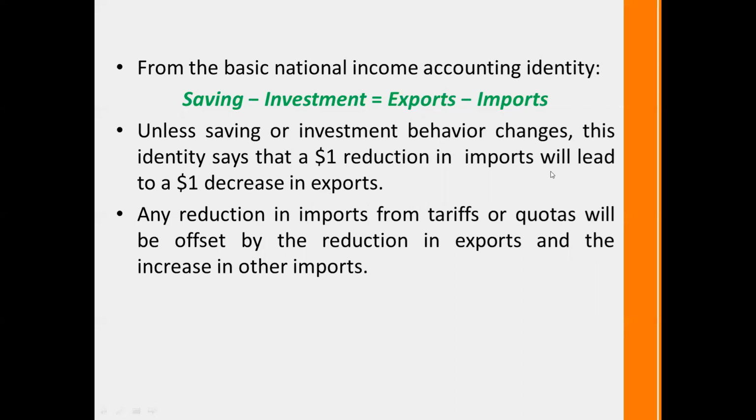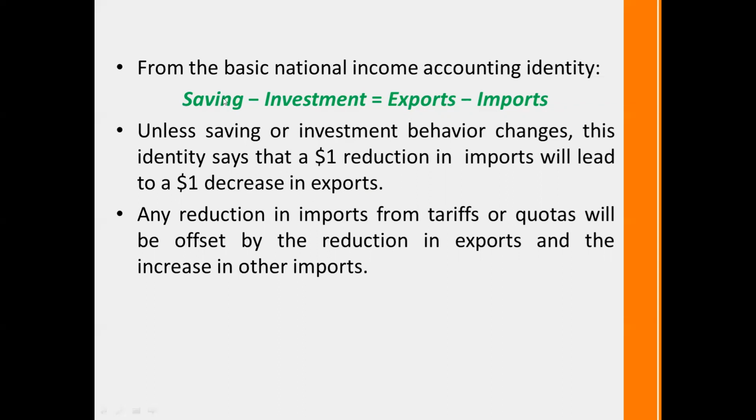When there is inflation in the country, it will affect export prices. As a result of the increase in tariffs, the ultimate impact is a decrease in export. So what happens finally through imposing tariffs to reduce import? Export also decreases. This occurs as a result of imposing tariffs or quotas.